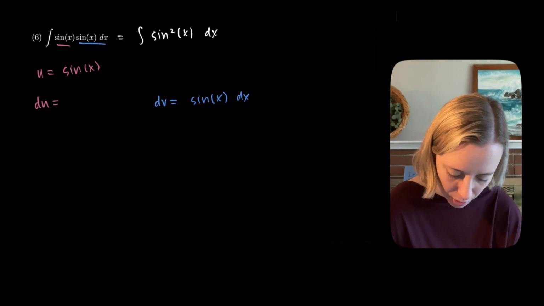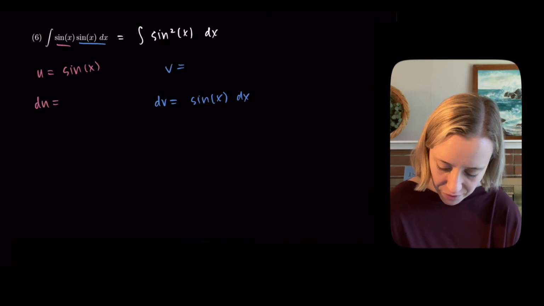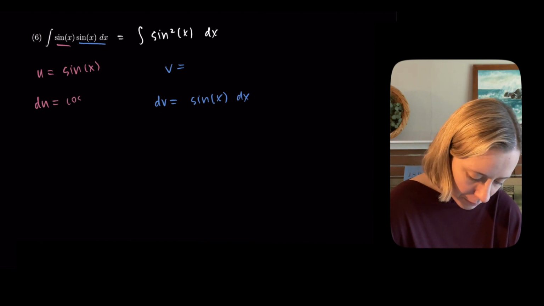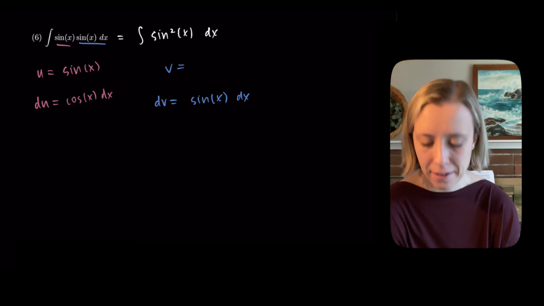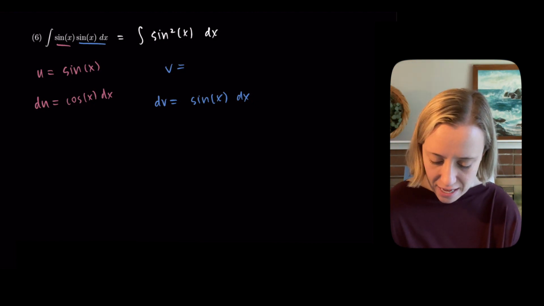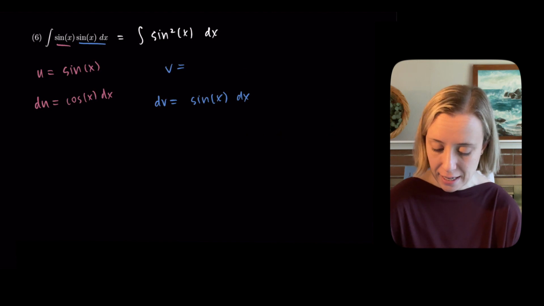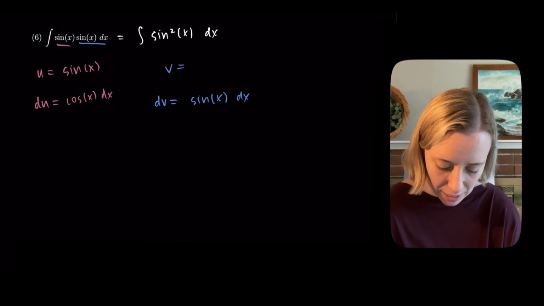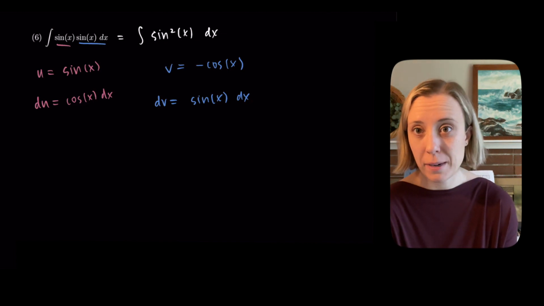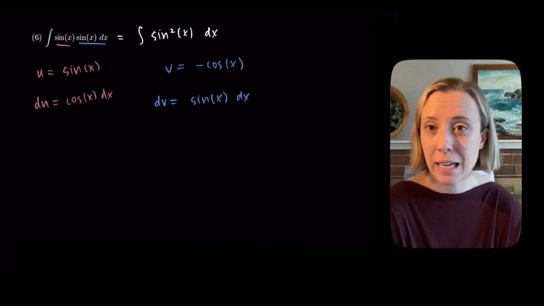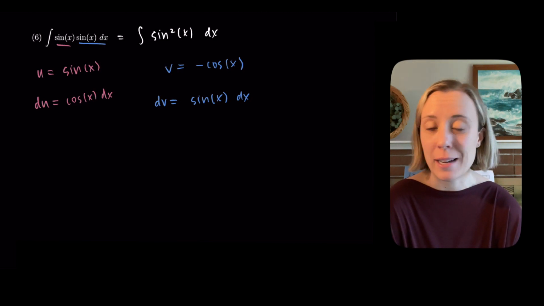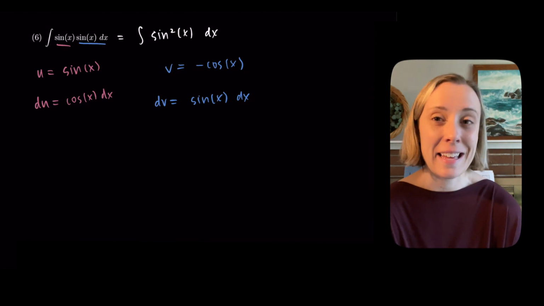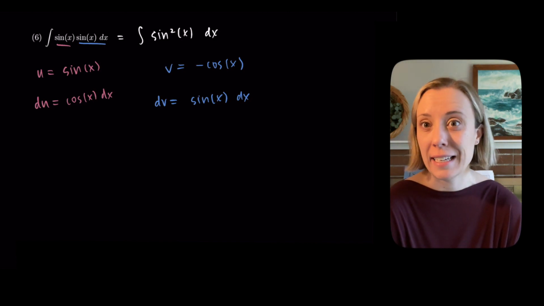We compute those on our own. The derivative of sine is cosine, so du is cosine x dx. And v is the antiderivative of sine, which is negative cosine x. It should make sense, right? The derivative of cosine is negative sine. Those negatives cancel. If you need to take a second and do that as a separate step, it's totally fine. Taking the antiderivative of sine gives negative cosine.